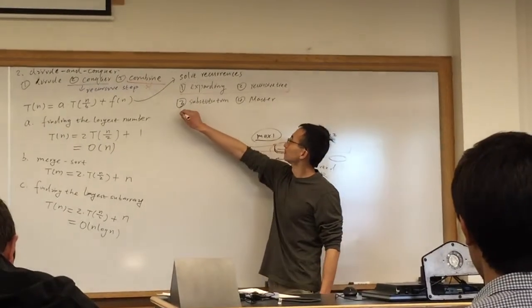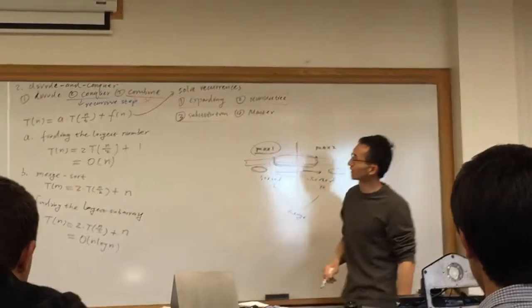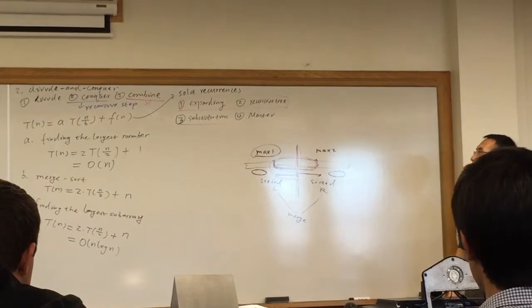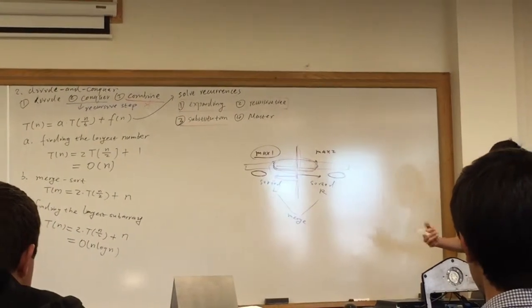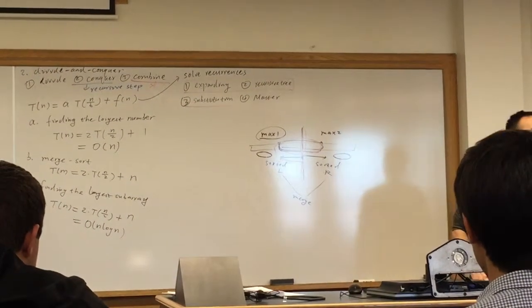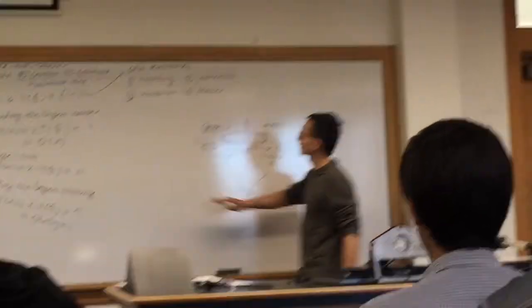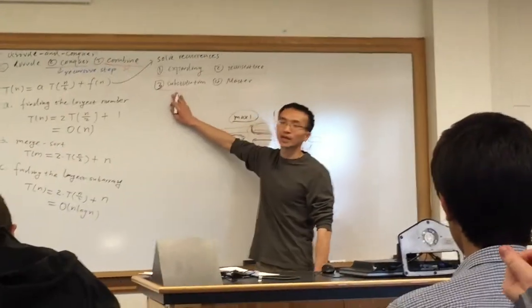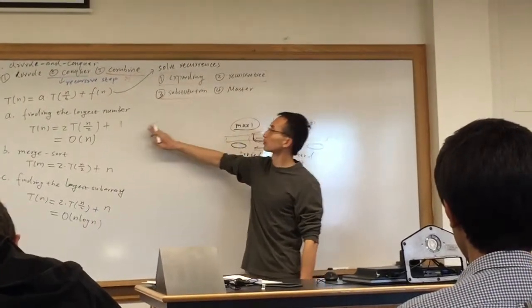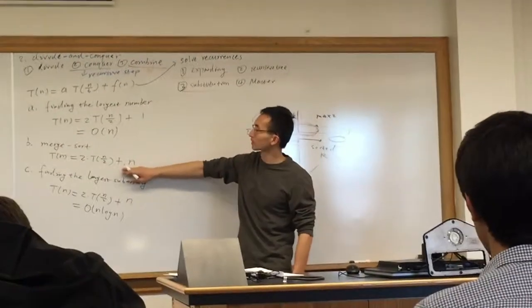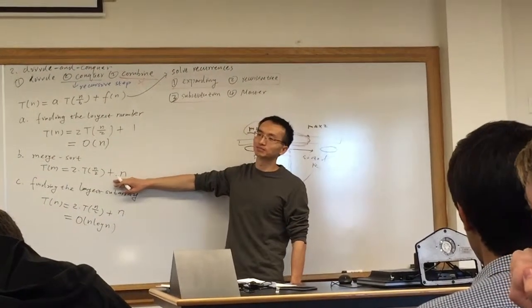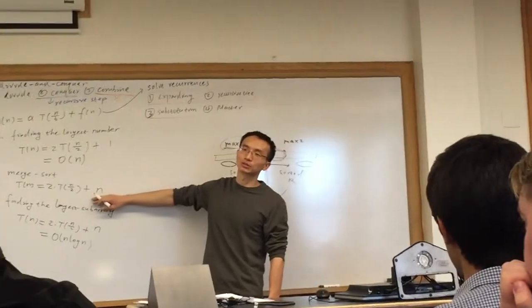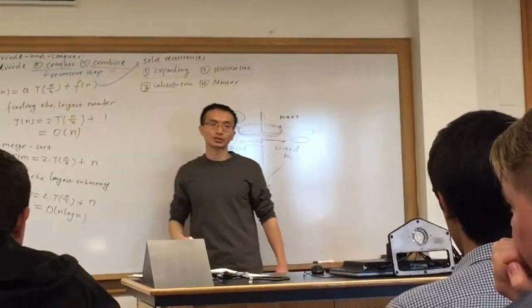And substitution is essentially mathematical induction. This is particularly useful when you have a clear target. You want to prove this takes n log n time. That's the only target, and you use substitution.